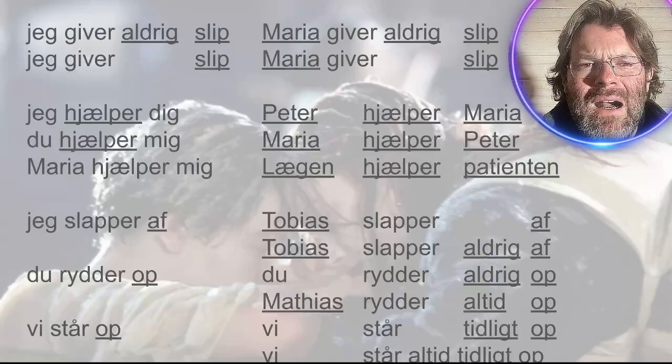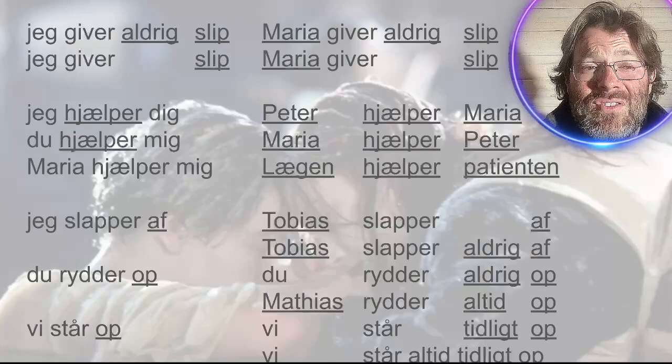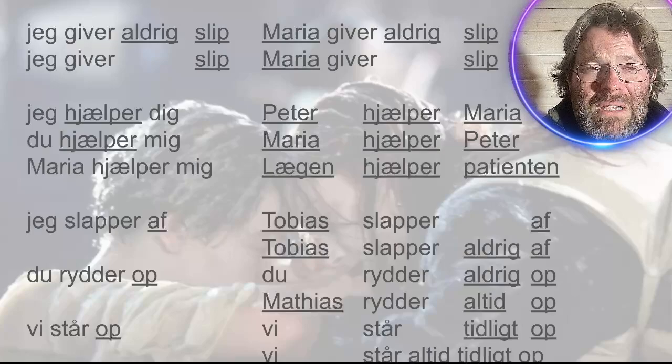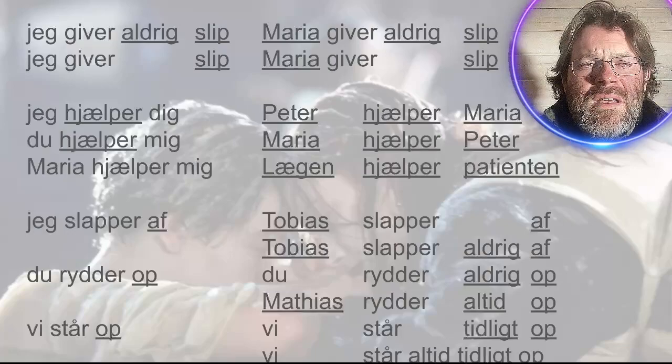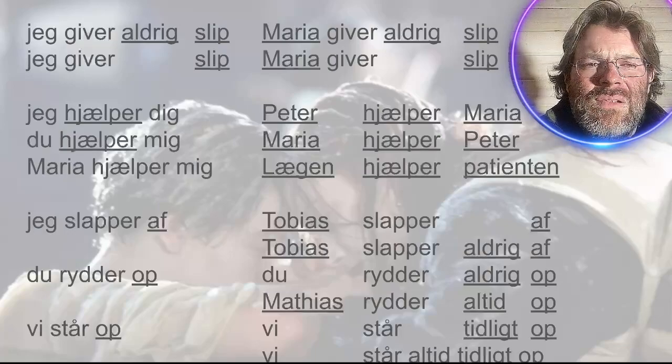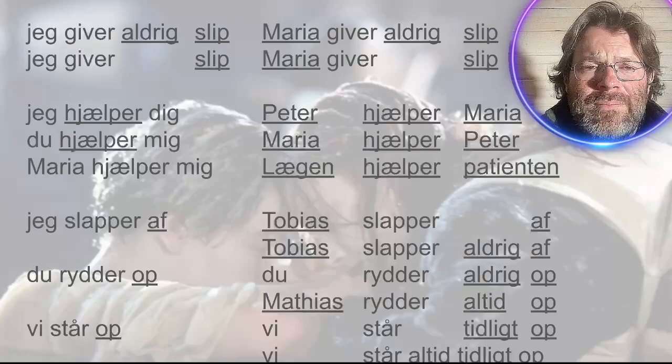So jeg giver aldrig slip is carefully articulated and has more stresses than we would usually have. The regular pronunciation of that sentence is jeg giver aldrig slip, with stress only on aldrig and slip.